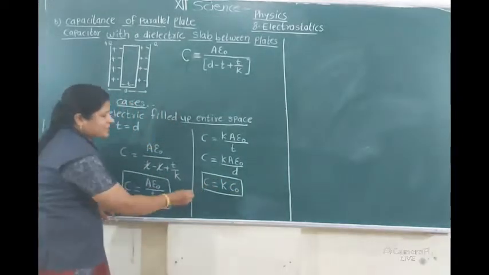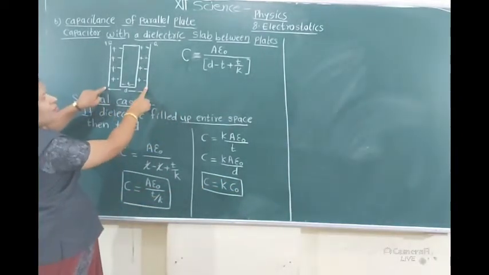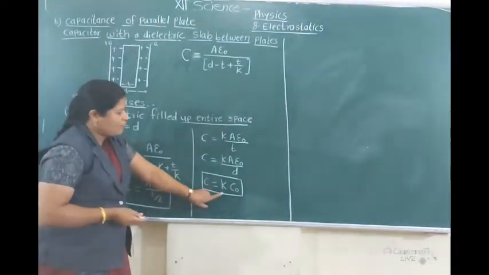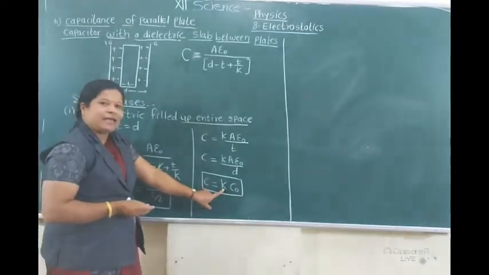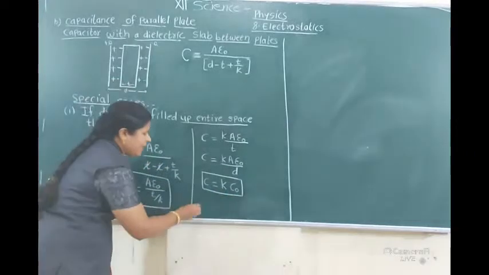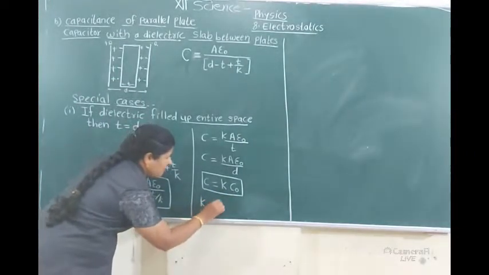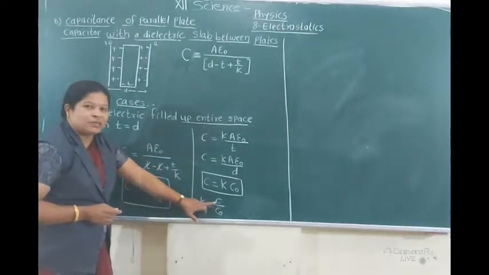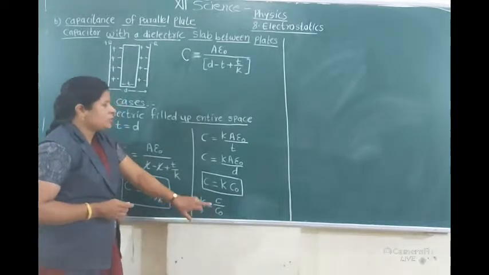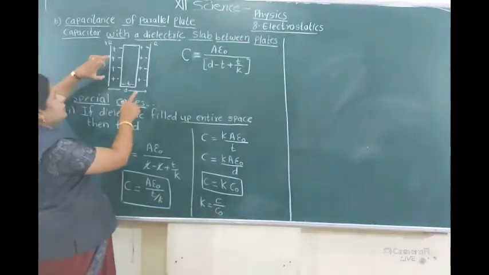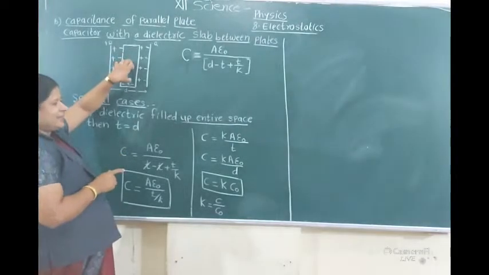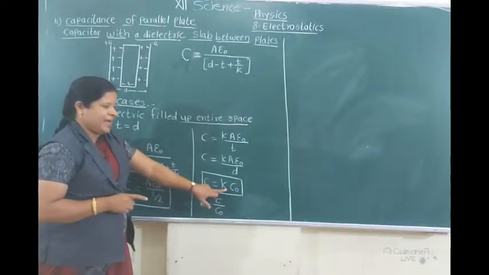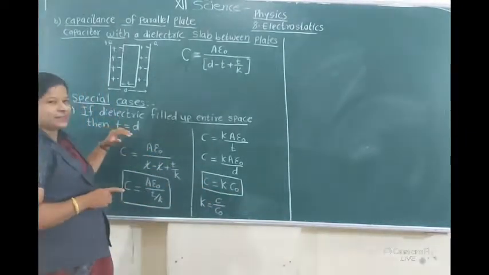That means the capacitance of the parallel plate capacitor is increased by K times, and K is the dielectric constant. Here we get a new formula, K is equal to C divided by C naught. So if we fill the entire space with dielectric, we get the capacitance C is equal to K into C naught. This is the first case.